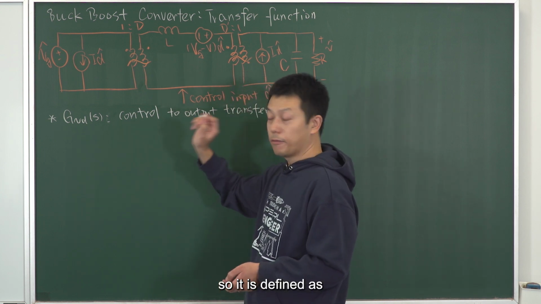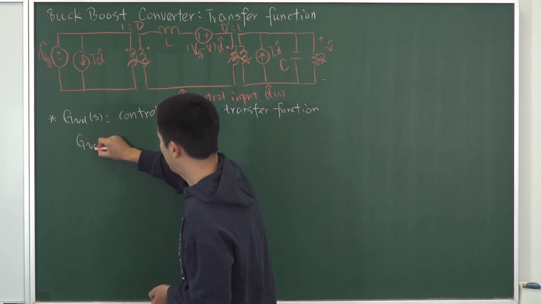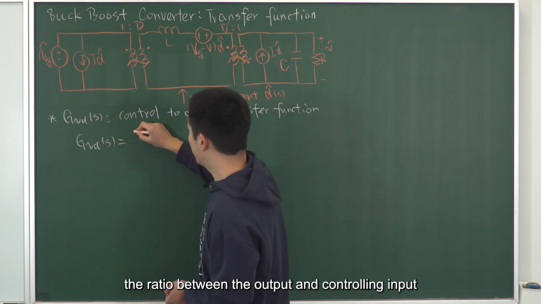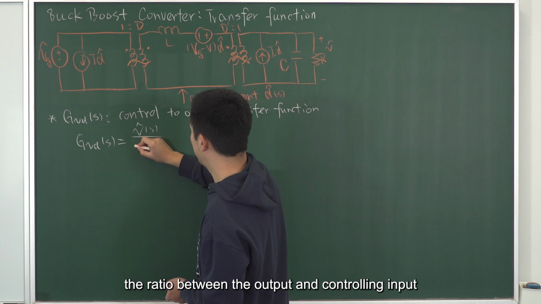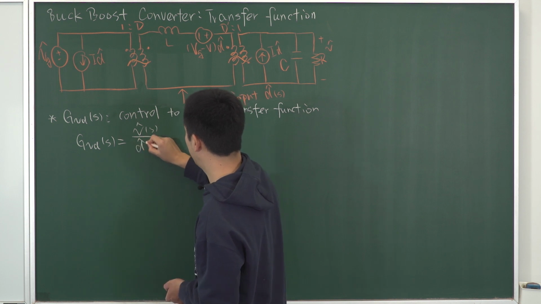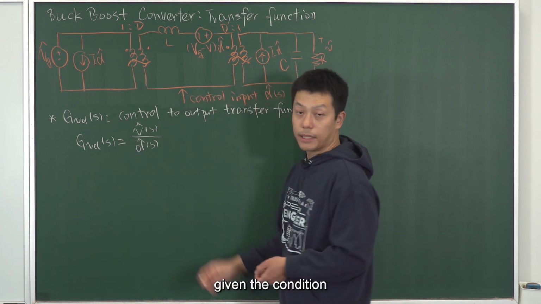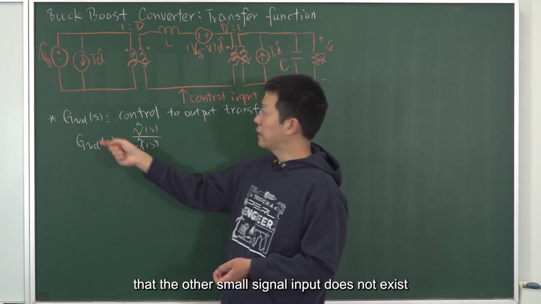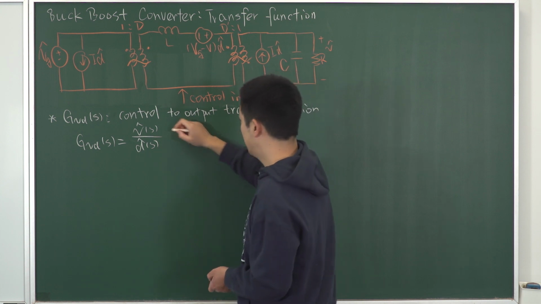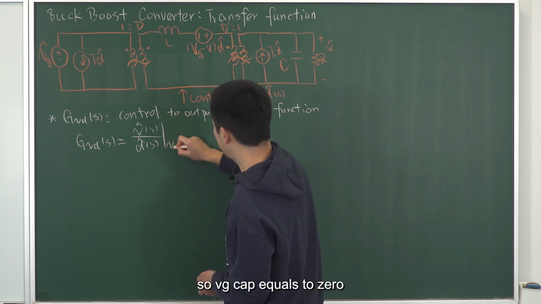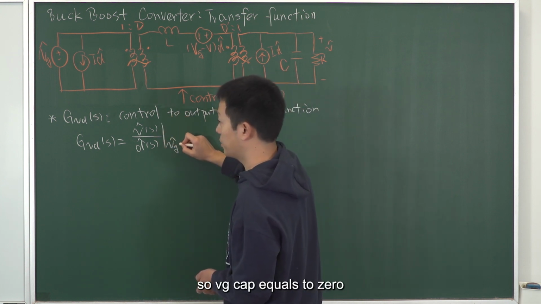So it is defined as the ratio between the output and the input, the controlling input, given the condition that the other small signal input does not exist. So VG cap equals 0.